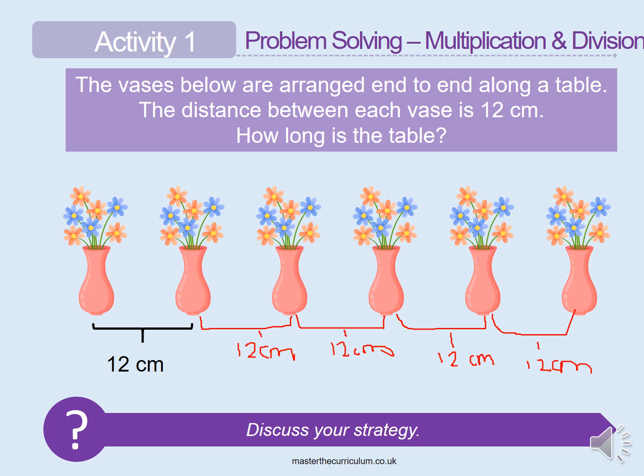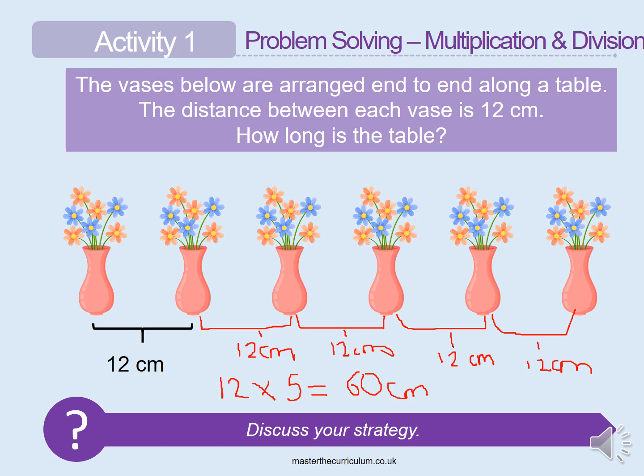So we know that 12 times 5 equals what? If you know what 10 times 5 is, what's 10 times 5? The answer is 50. Let's do 11 times 5 would be 55. So 12 times 5 would be 60 centimetres. So the table is 60 centimetres long.